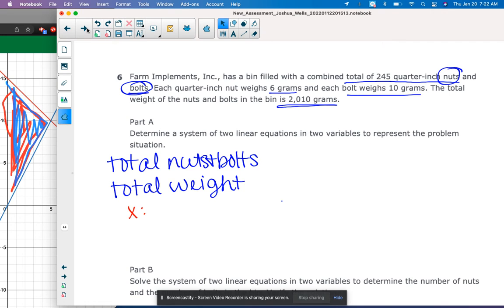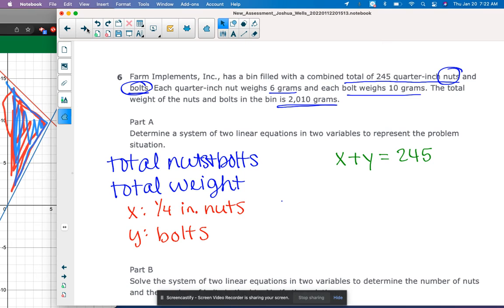X represents the quarter-inch nuts. Y represents the bolts. So we don't know how many we have of each, but I know that added together, it equals 245.